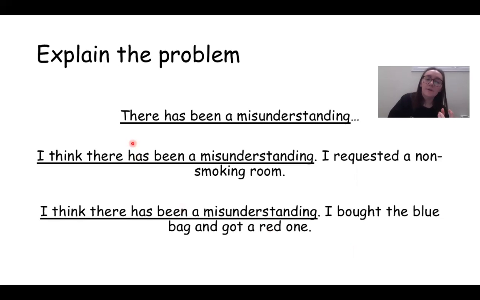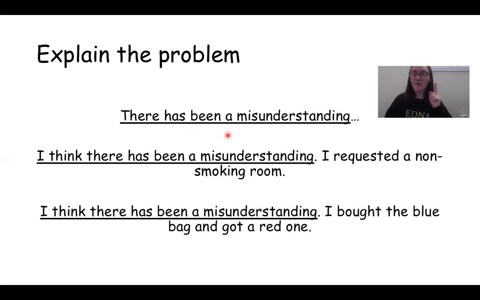So the way you can start this, and still be polite, is you could say, I think there has been a misunderstanding, right? That misunderstanding just means that something didn't go right because one person didn't understand the other person. And when you say this, it's not blaming anybody.